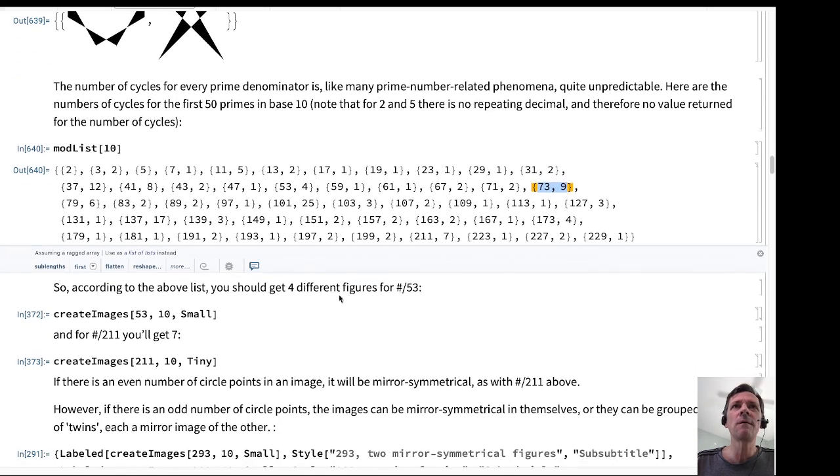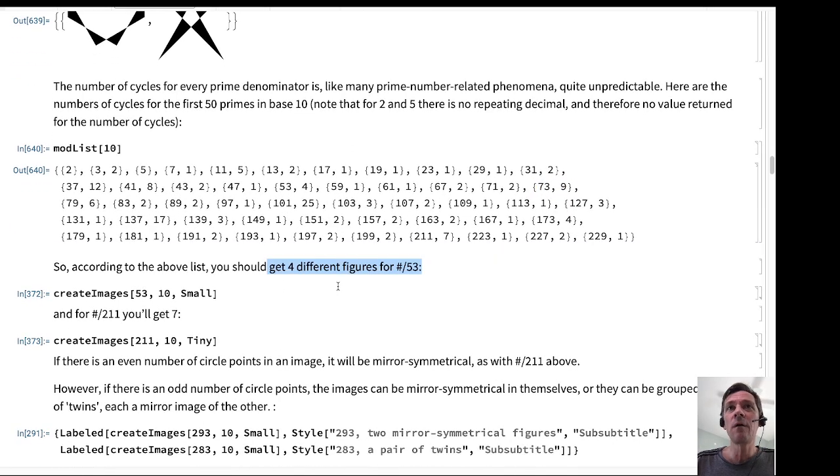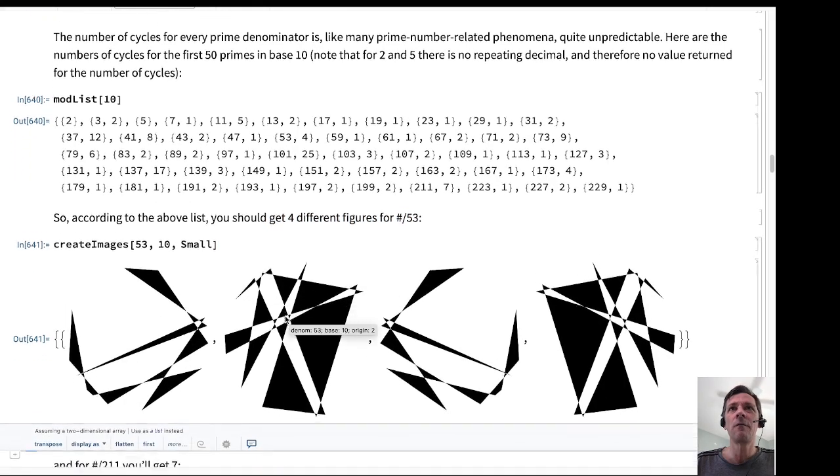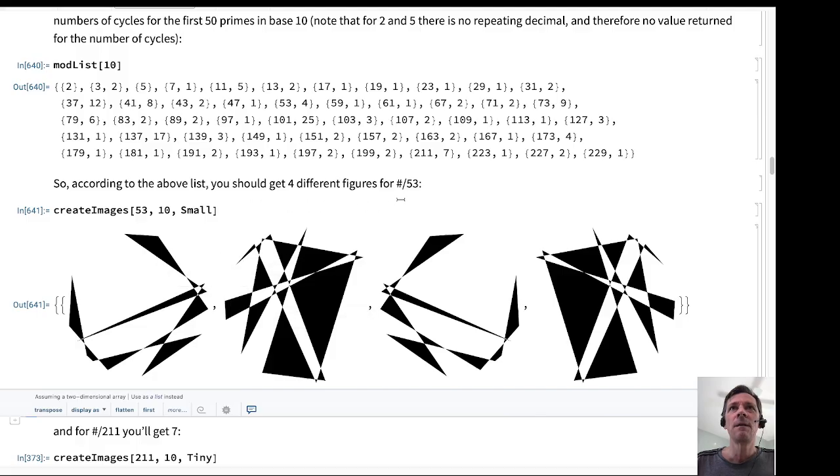All right, so according to the above list, you should get 4 different figures for denominator 53, and indeed, here are those 4 figures. What we're doing is distributing 53 minus 1, 52 points, around the circle onto 4 different polygons.